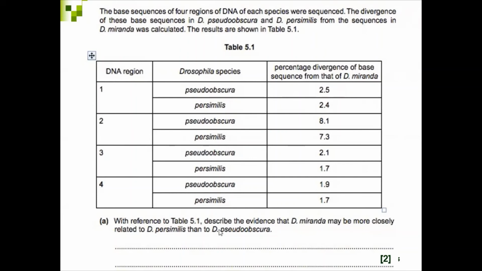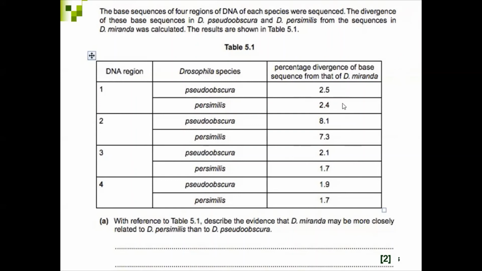So what does the question ask the student? With reference to figure 5.1, describe the evidence that D. mirinda may be more closely related to D. persimilis than D. pseudoobscura. More closely related means this value should be higher or lower? Lower. So are they all lower?